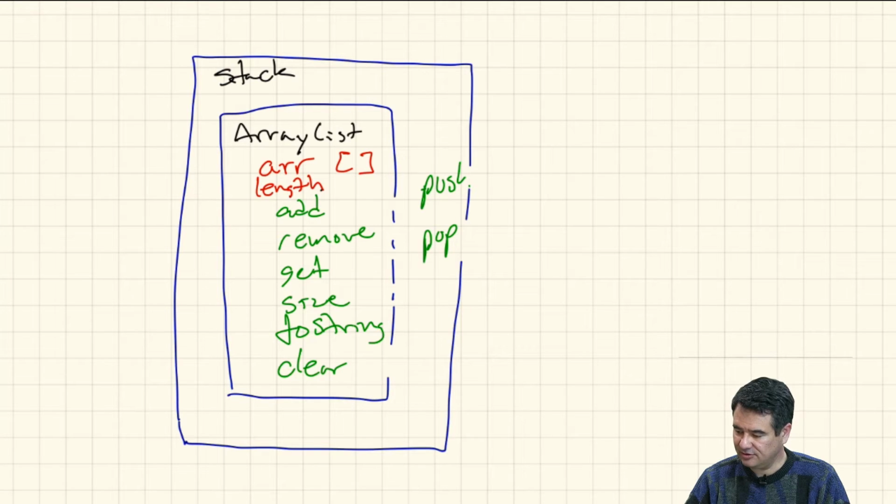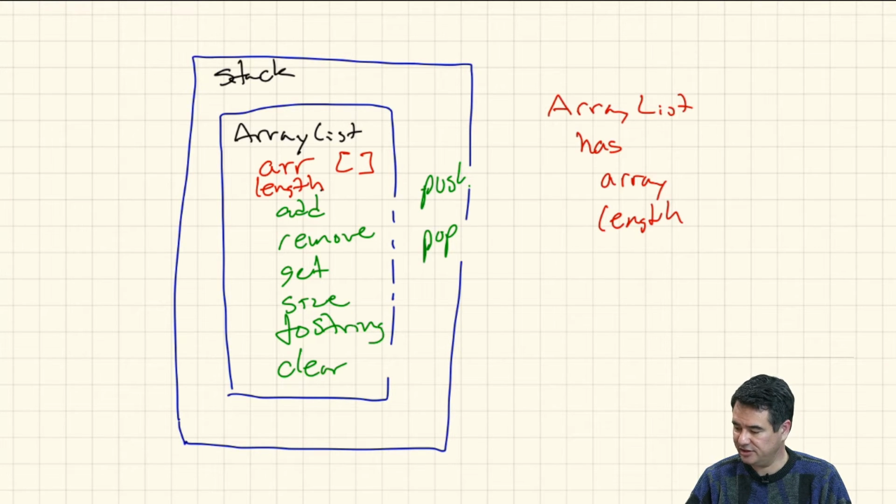Okay, so earlier I said that stack is an array, and that's not the relationship we want. ArrayList, what's its relationship to array and length? Clearly we can say that ArrayList is not an array, nor is it just a length. Instead, we can say that ArrayList has an array and a length.